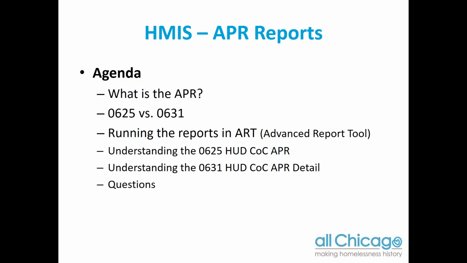We're also going to look at how we run these reports in ART, and we'll actually go to the system to walk through the steps of running the report once we get to that point. And we'll also talk at length about how we interpret the 625 and then how we interpret the 631 separately.